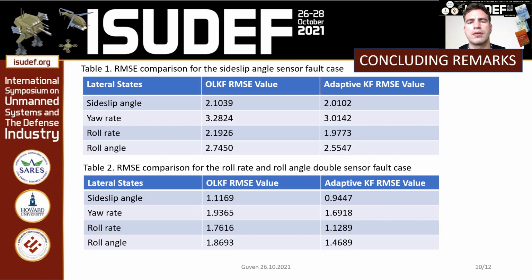The adaptive ones are closer to 0. And in table 2, in case of double sensor faults on roll rate and roll angle, again our adaptive Kalman filter shows better results because the root mean square error value is closer to 0 compared to the optimal linear Kalman filter. Therefore, it shows our algorithm performs well.